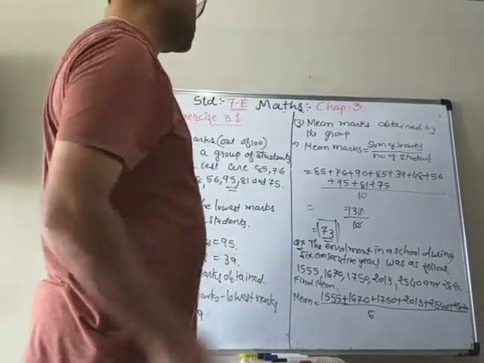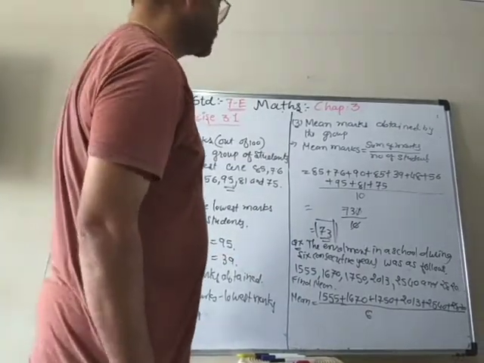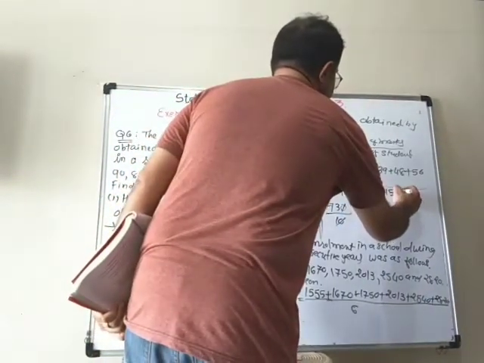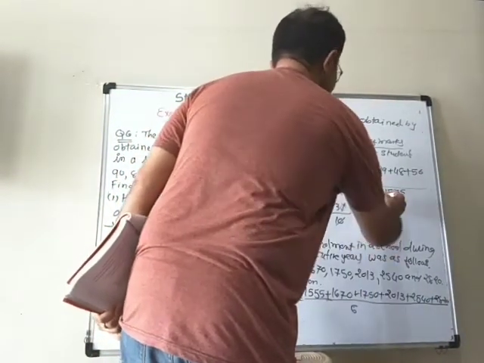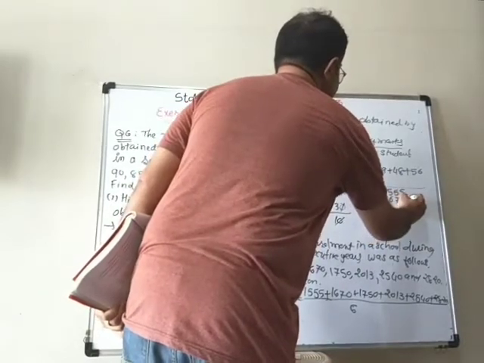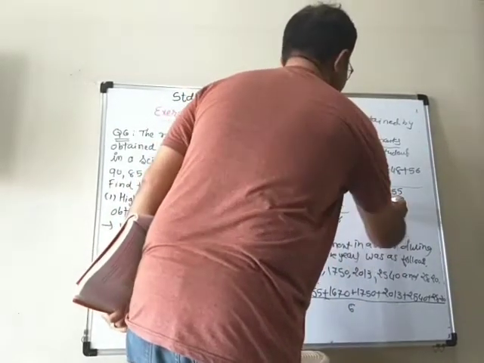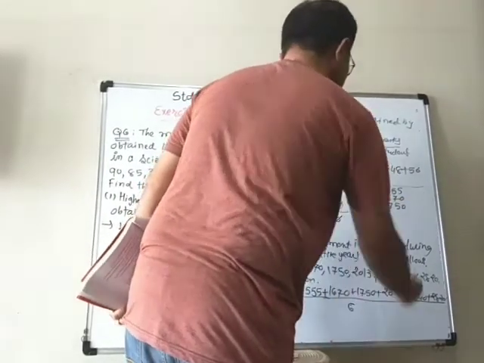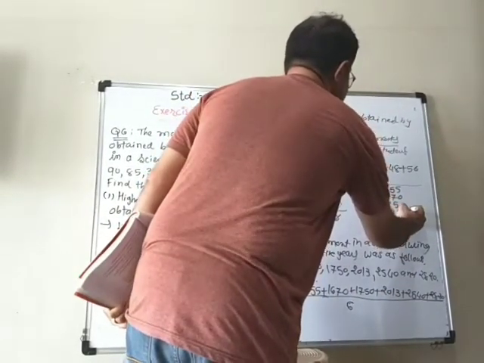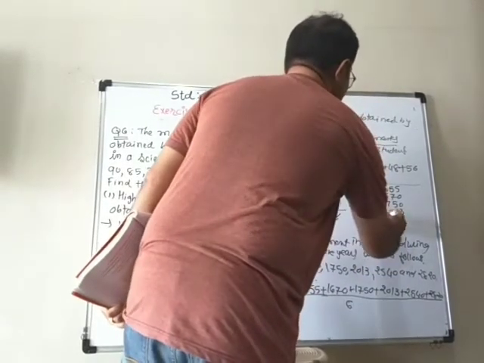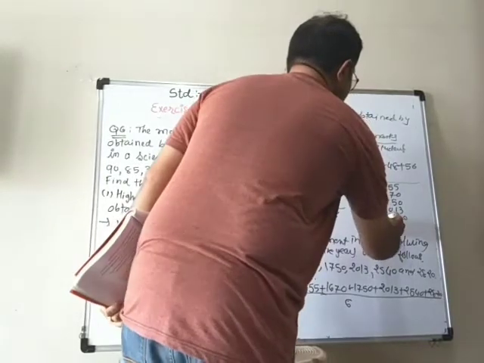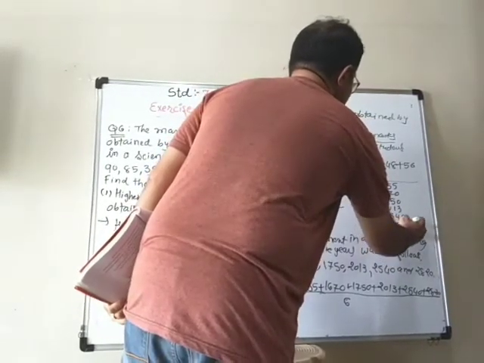So now we have to add them. To avoid mistakes, we can do it on rough paper like that: 1555 plus 1670, 1750, 2013, 2540 and 2820.